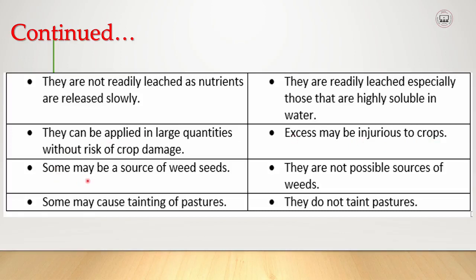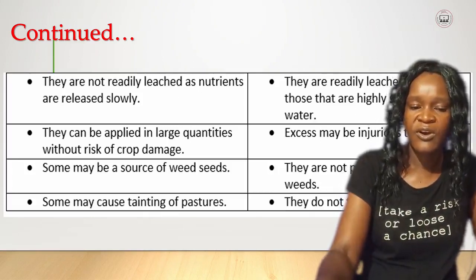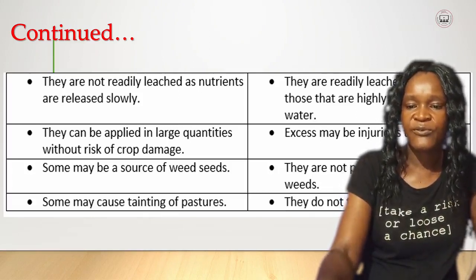Organic fertilizers may be a source of weed seeds, but on the other hand, it is impossible for weeds to appear in inorganic fertilizers. Lastly, some organic fertilizers may cause tainting of pastures, while inorganic fertilizers do not taint pastures. So that is it in terms of types of fertilizers.